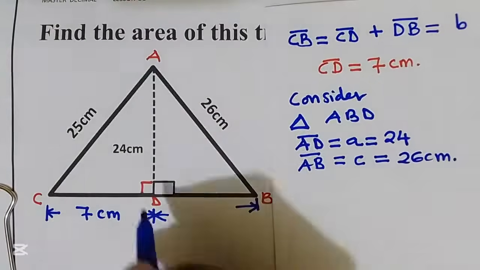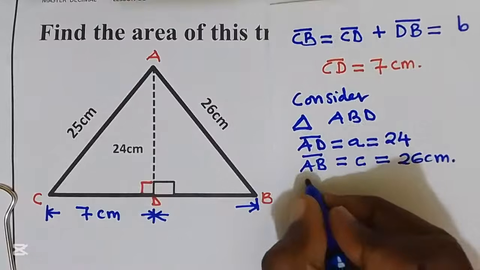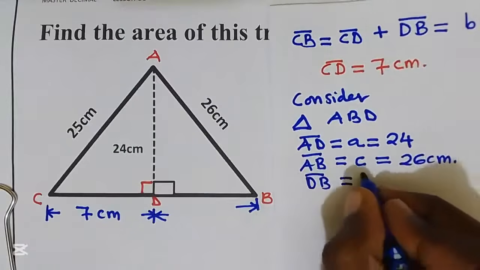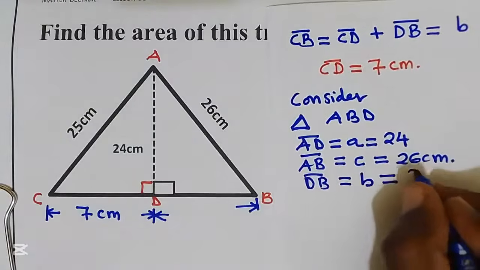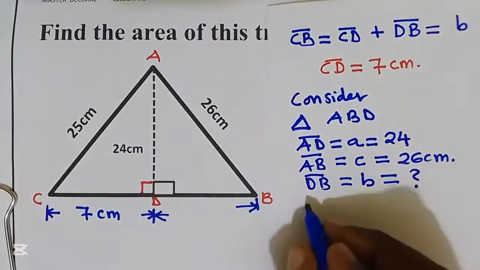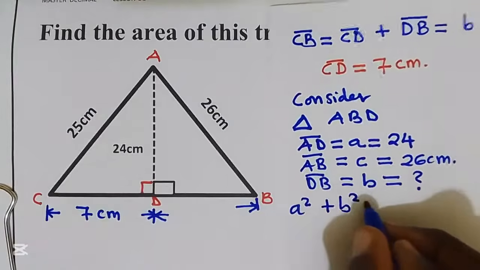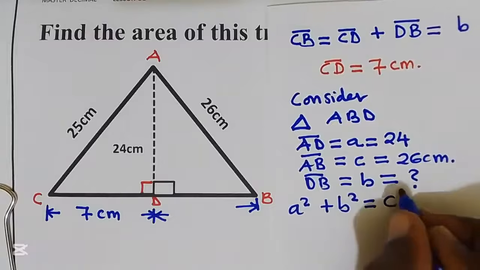I'm going to find distance DB, which I call b. I'll use Pythagorean theorem, that is a squared plus b squared is equal to c squared.